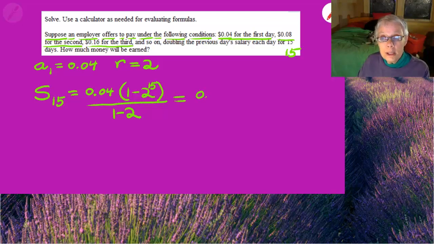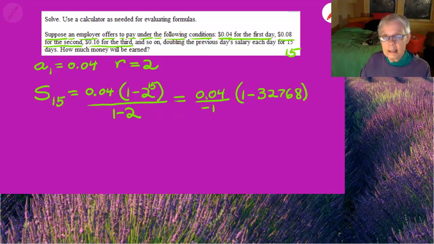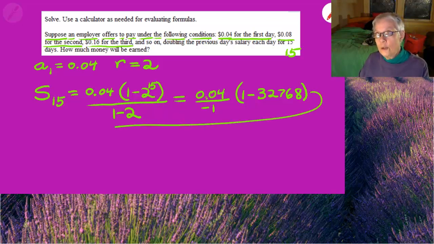So this is going to equal 0.04 over negative 1, because 1 minus 2 is negative 1, times 1 minus 2 to the 15th power, which is 32,768.